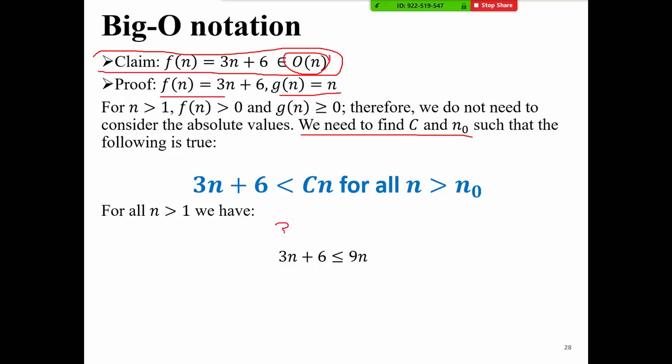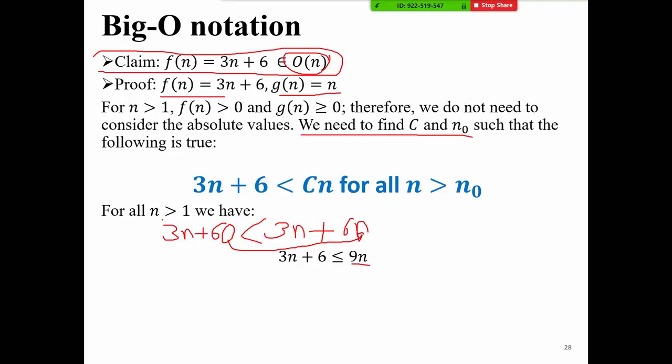So this is 3n plus 6n, and this should be greater than 3n plus 6. Is that right? So I just simply add n here. See here? And this will give me 9n. 3n plus 6 is actually less than or equal to 9n for all n greater than 1.